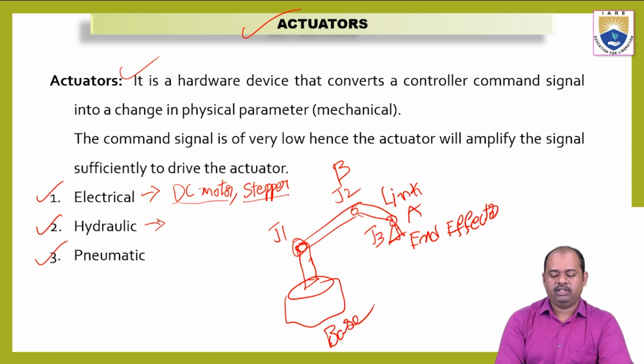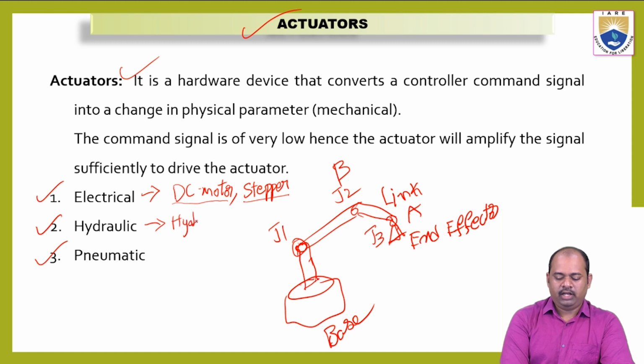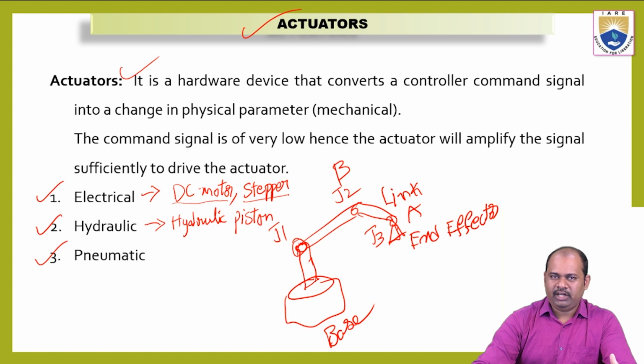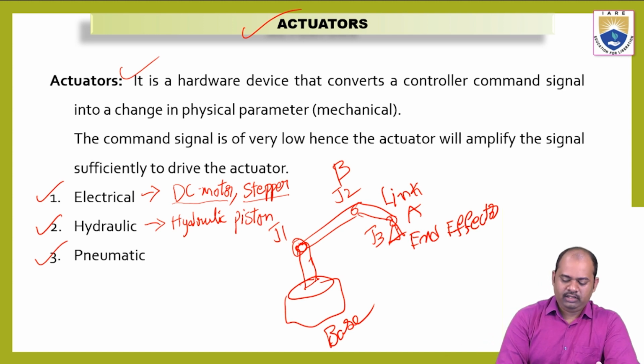In hydraulic actuators, the best example is the hydraulic piston. In a hydraulic piston, the hydraulic oil which is stored in a tank is pumped with high pressure into the cylinder.